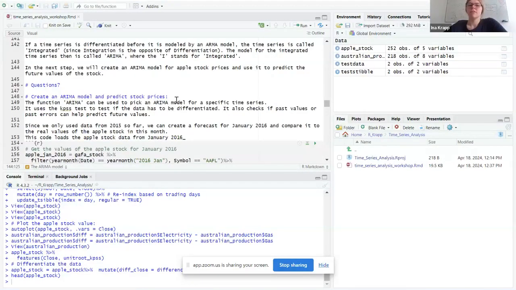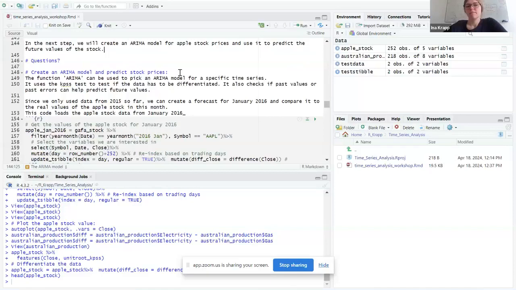Now, there is a function for time series analysis which we can use to let R pick a model for us. We don't have to do that. We could decide by hand, for example, I want to include 2 past values, I want to include 3 past values, things like that.